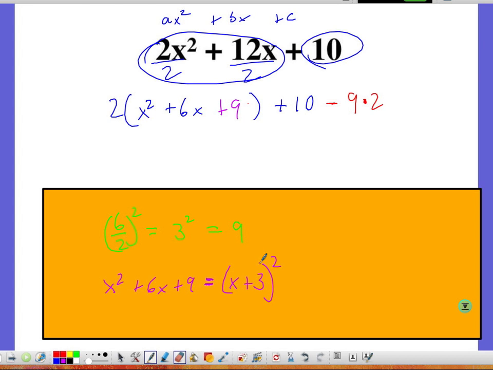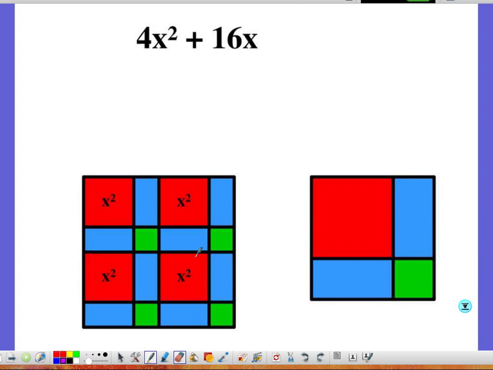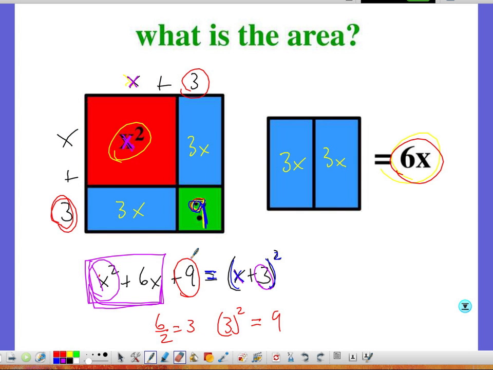And then I got a question from my students, and they said, what happened to this 9 then? What do we do with that? Well, here we had 9, and then can you see how we took the dimensions, x plus 3, x plus 3?